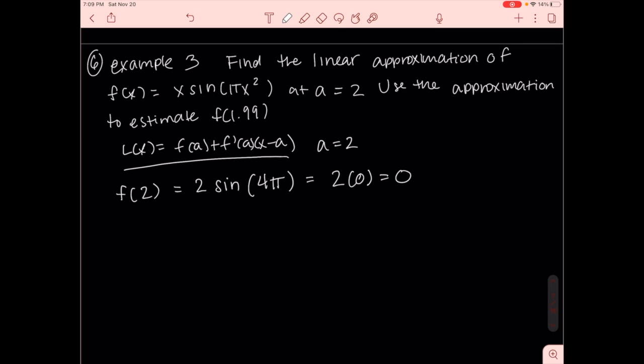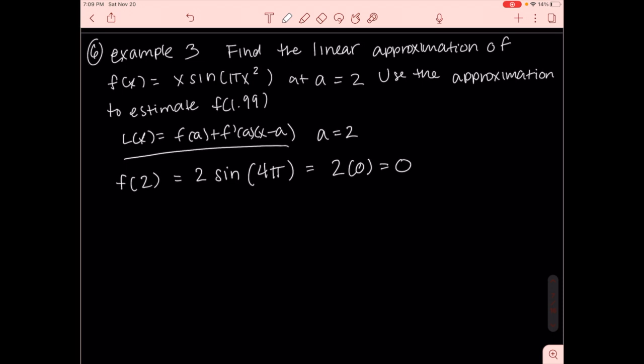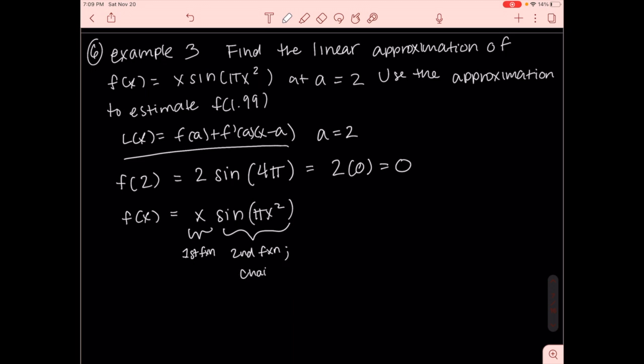And now we need to find f prime of a. And that's going to be a little bit more complicated because we have a product rule and we have a chain rule. So we have f of x is equal to x times sine pi x squared. Wonderful. And so we have one function here and another function here. And within that function, we need to use the chain rule.